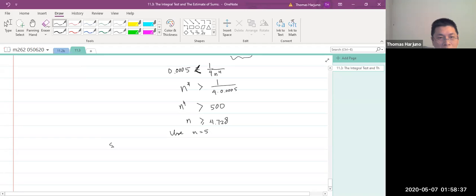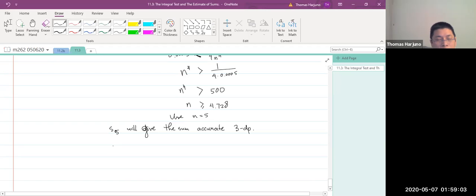So n equal to 5 will give the sum accurate to 3 decimal places. In other words, 1 over 1 plus 1 over 2 to the 5th plus 1 over 3 to the 5th plus 1 over 4 to the 5th plus 1 over 5 to the 5th, 5 terms.